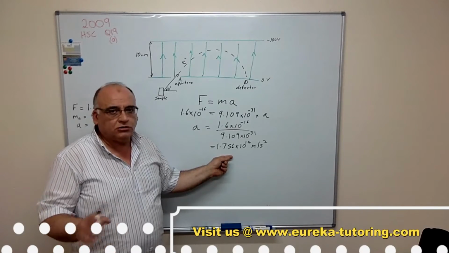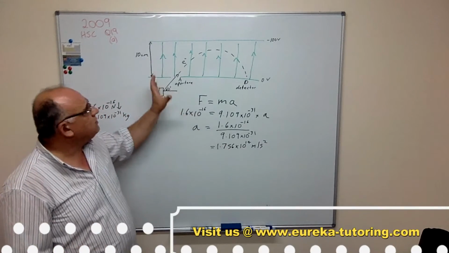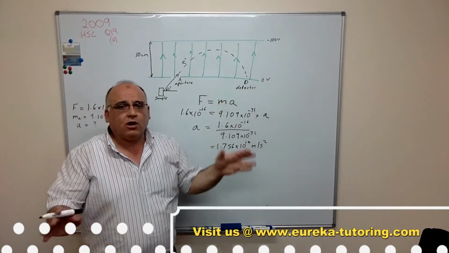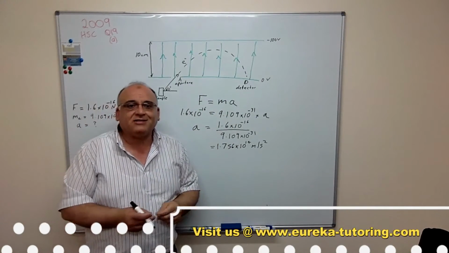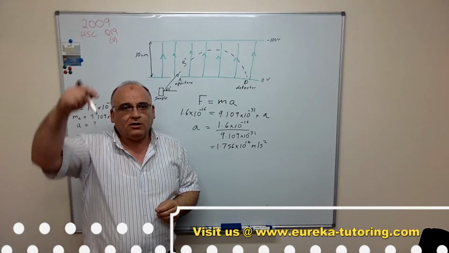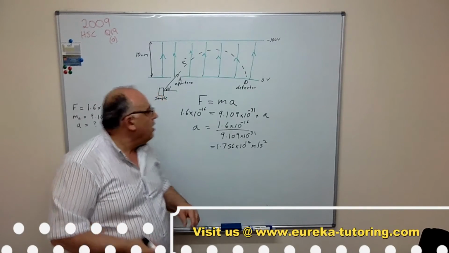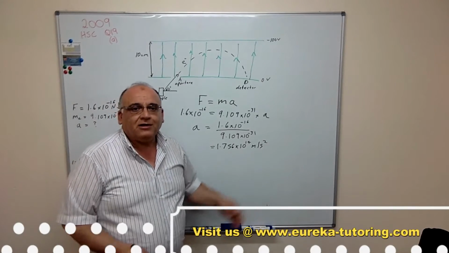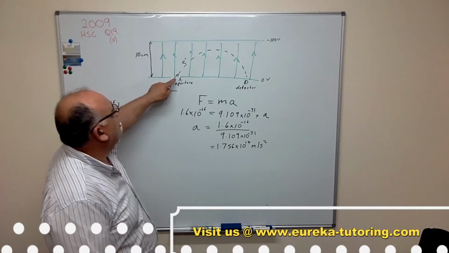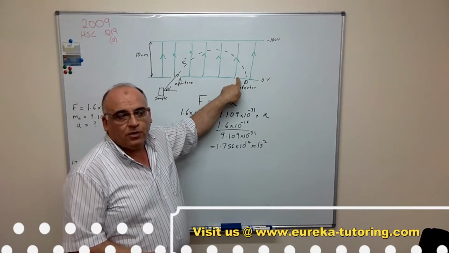So we don't use the 9.8. If it was in free fall on its own outside of the electric field, then we would have taken acceleration to be negative 9.8, the negative showing down. Okay, so we have acceleration equals 1.756 times 10 to the 14. Now they want the time. How long does it take to travel from there to there?